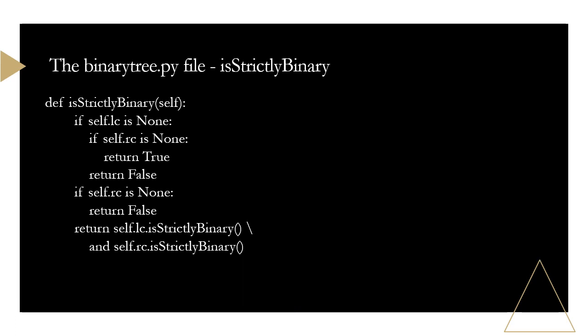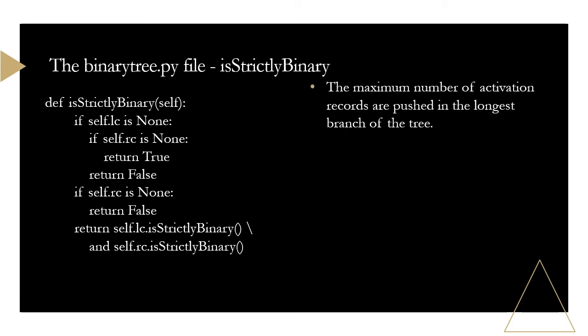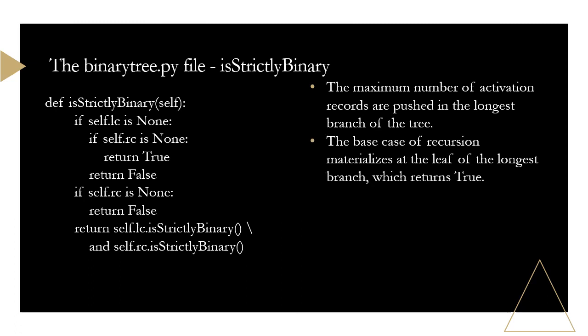Moving on to space, the maximum number of activation records are pushed in the longest branch of the tree. The base case of recursion materializes at the leaf of the longest branch, which returns true.